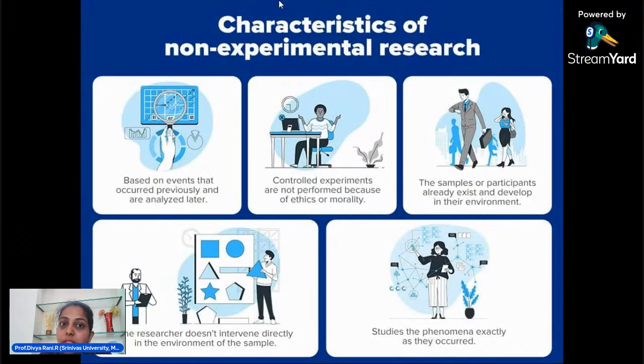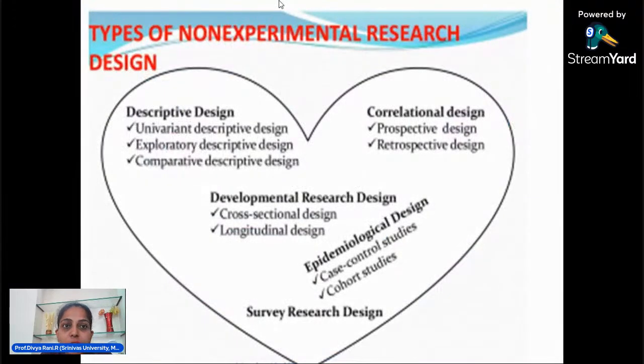In such cases, this kind of research will be more useful, and the sample and the participants are already present in that particular phenomena where you are observing. So you are not going to randomly select the participants. Another is that the researcher does not interfere with the research.